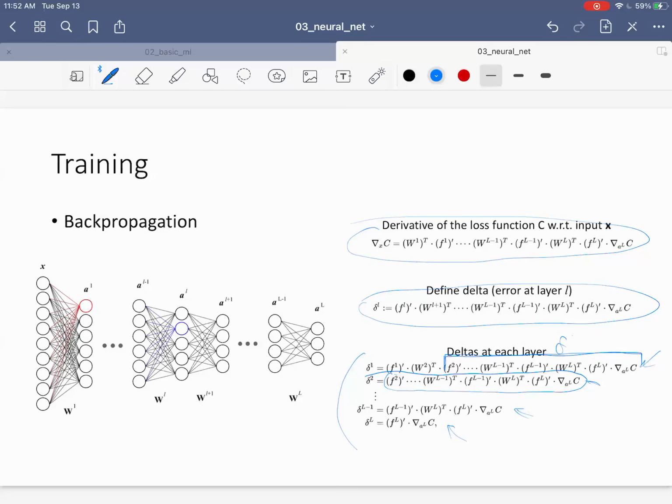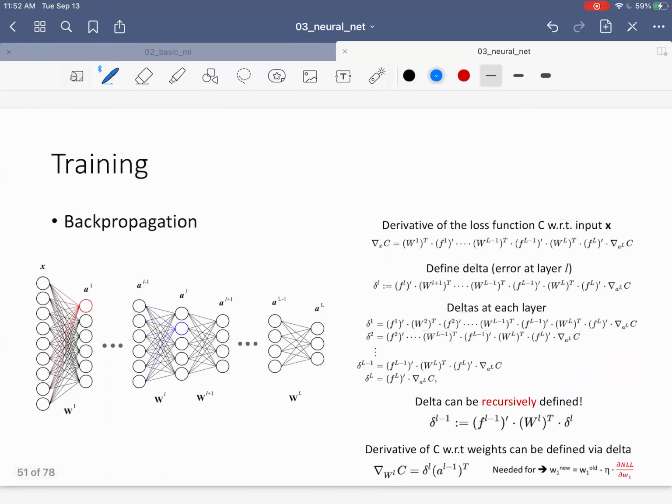So this is delta 2, and the final L is right here. This is delta L. So there's a recursive relationship between the different deltas, between delta L and delta L minus 1. The upper layer's delta can be reused to calculate the lower layer's delta.